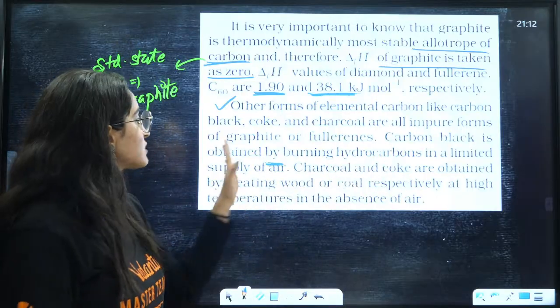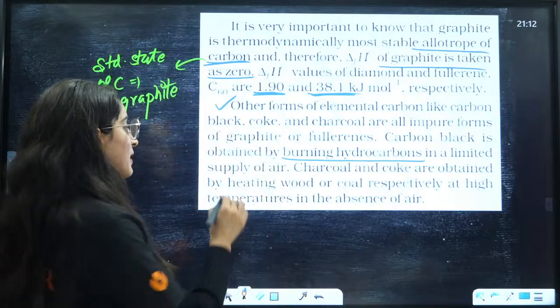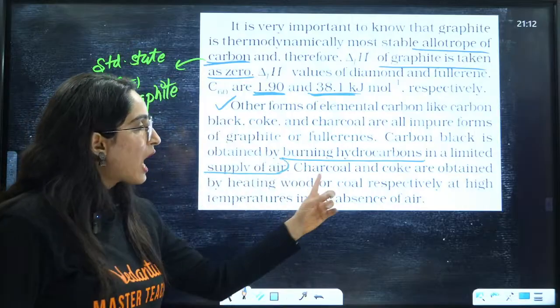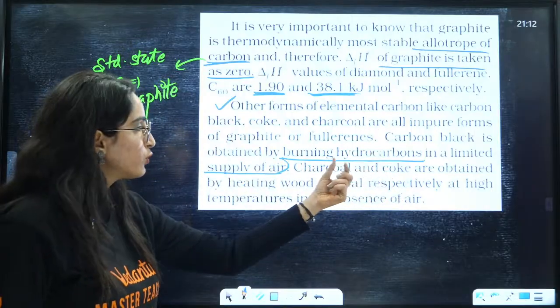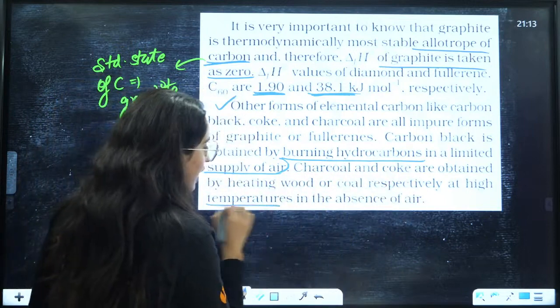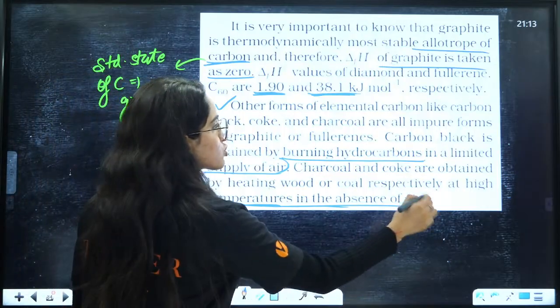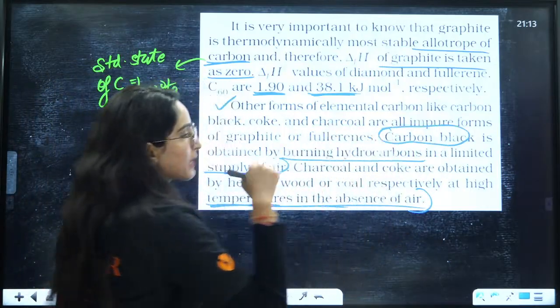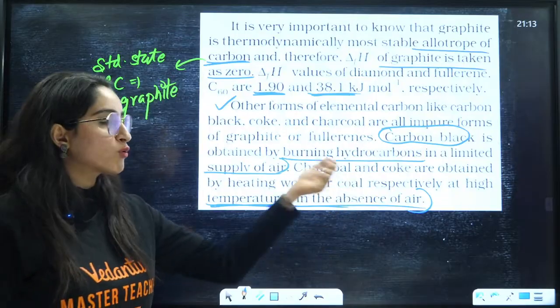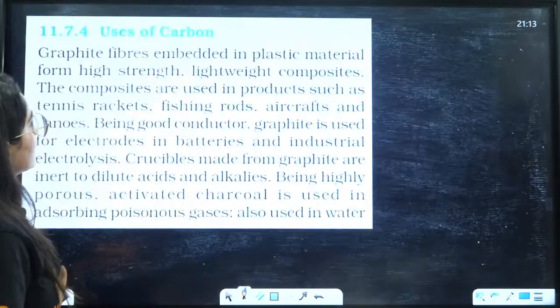Carbon black is obtained by burning hydrocarbons in a limited supply of air. Charcoal and coke, which are basically fuels, are obtained by heating wood or coal respectively at high temperature in the absence of air. So carbon black is formed in the presence of air and charcoal and coke are formed in the absence of air, right?